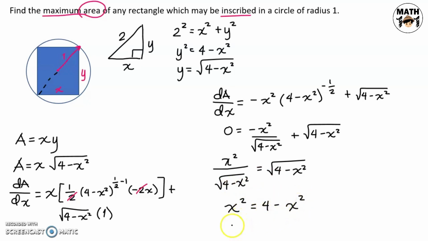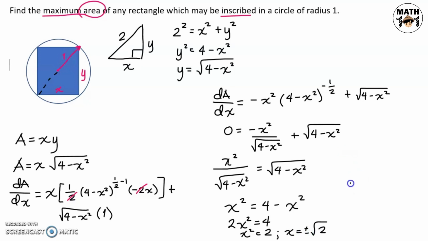Lipat natin sa kabila sa x squared. 2x squared is equal to 4, dividing both sides by 2, and we'll have x squared is equal to 2, or therefore the value of x is equal to positive and negative square root of 2. So again, dahil dimension yung pinag-uusapan natin dito, ine-neglect natin yung negative, ang kukunin lang natin yung positive.